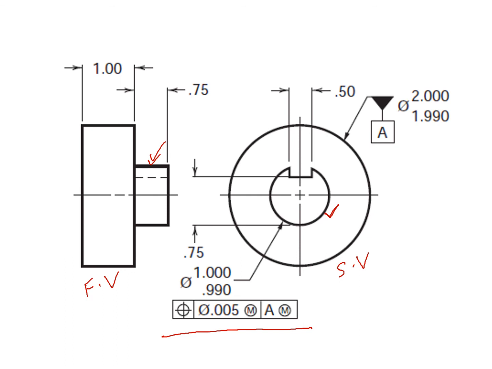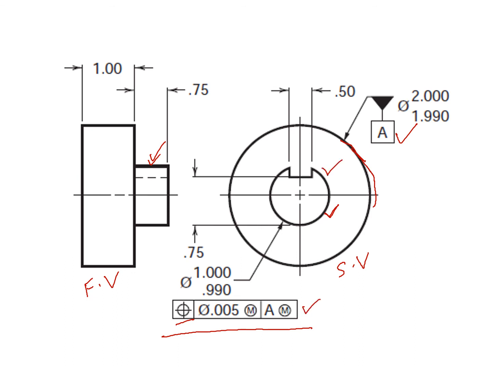So in this side view, a circular feature having position tolerance. So this is the position tolerance of 0.005 diameter at maximum material condition with reference to this datum. This circular surface is the datum for the position of this circular feature.